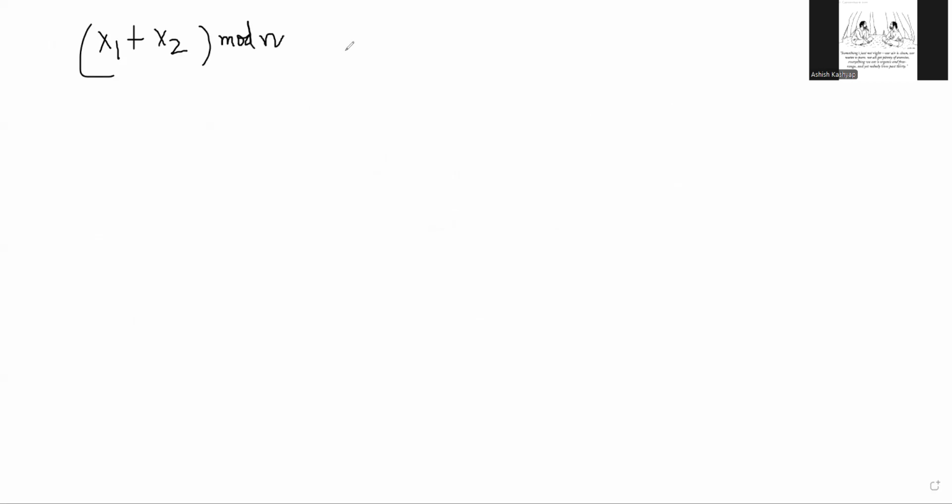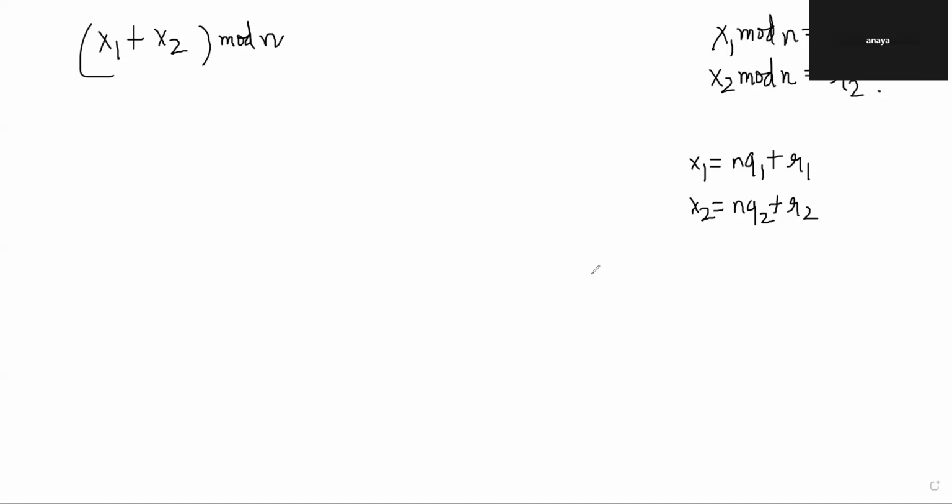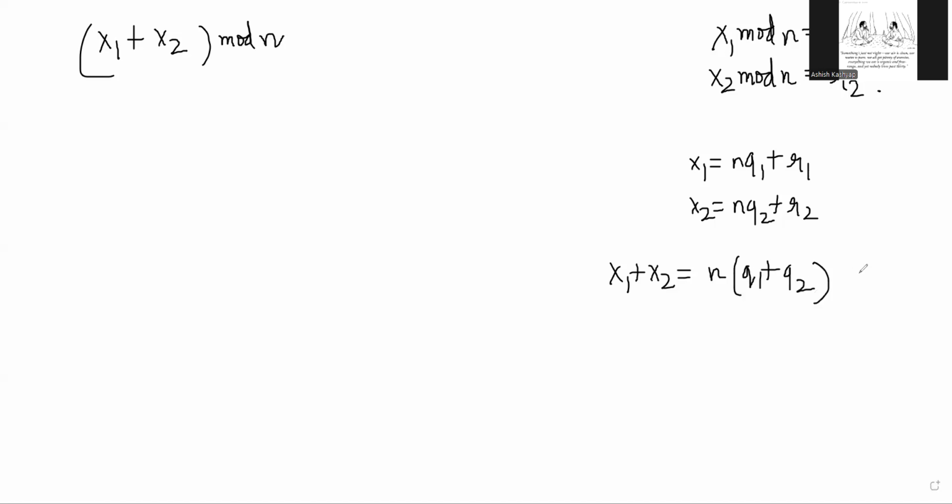So we know x1 mod n is r1 and x2 mod n is r2. So technically now you can think that x1 is equal to nq1 plus r1 and x2 is nq2 plus r2. So x1 plus x2 will become what? n(q1 plus q2) plus r1 plus r2, right?